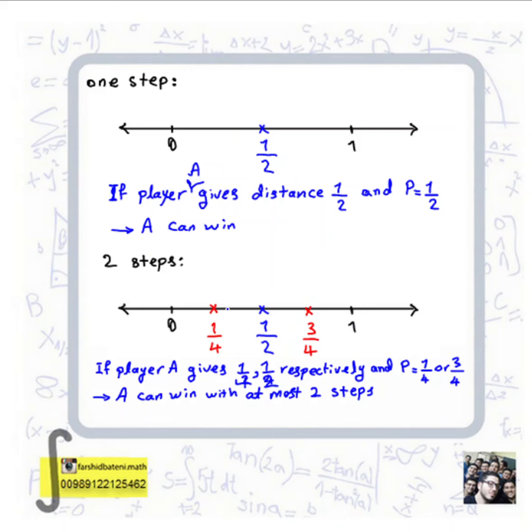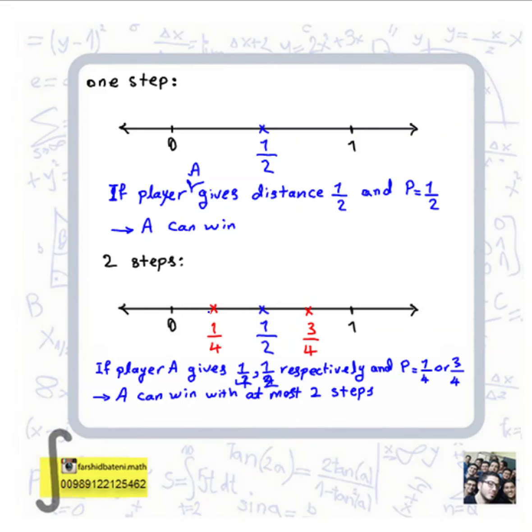You can consider all the cases. For example, on the left, if player B at first chooses left, then in one step we reach 0 from this point, and otherwise we reach this point, and after that 0 or 1. You can consider all the cases and prove it.